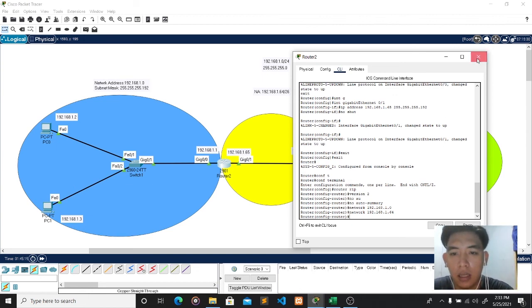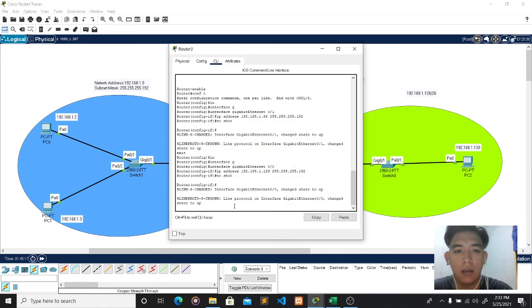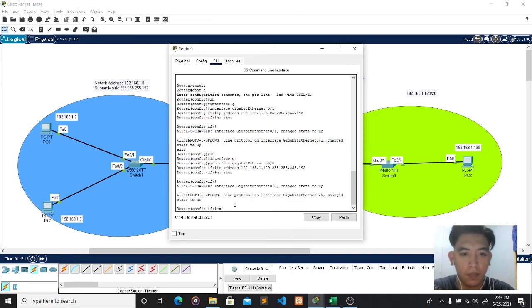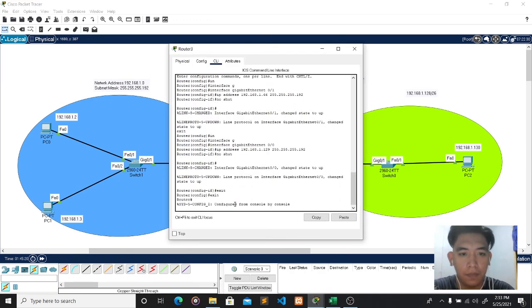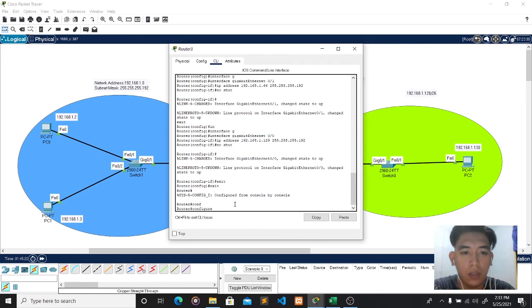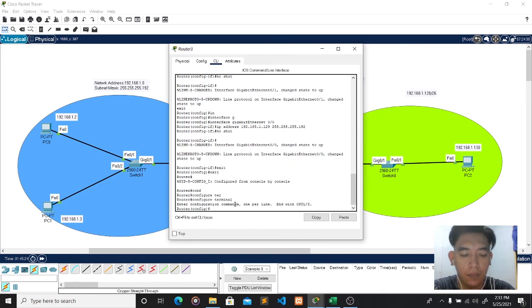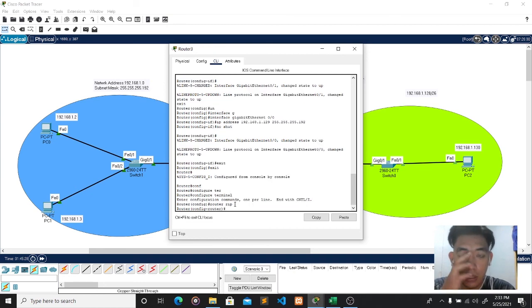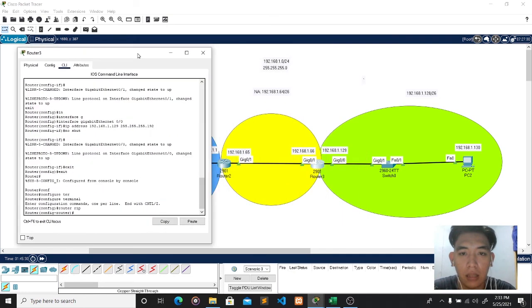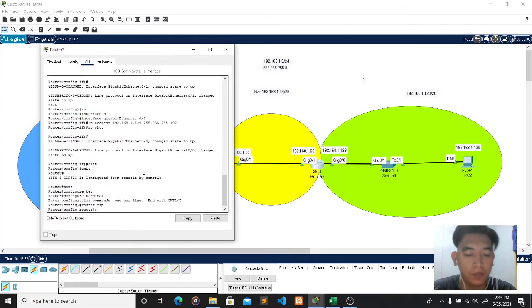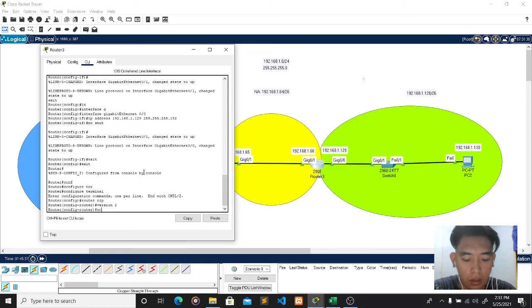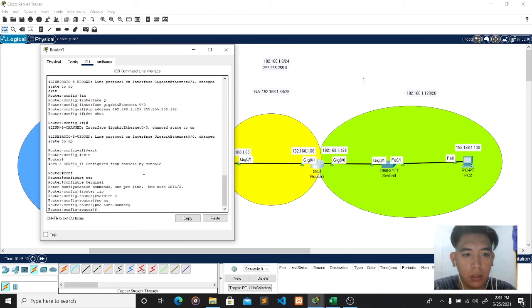Tsaka sa kabila naman. So, configure terminal. Then, router rip. So, magkabilang network naman. Ano pala, version 2. Then, no auto summary.